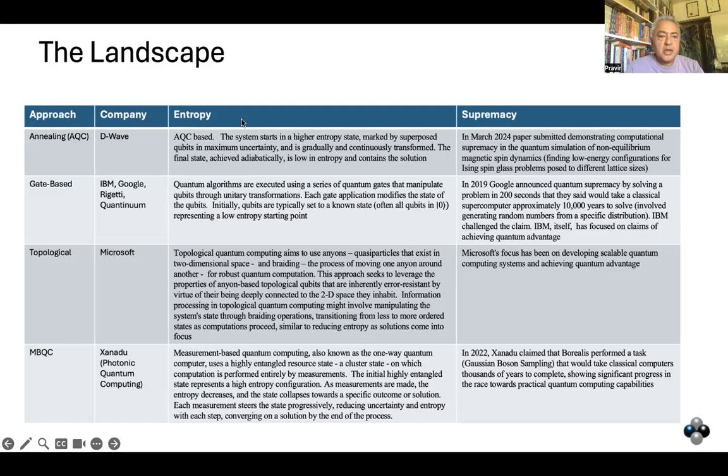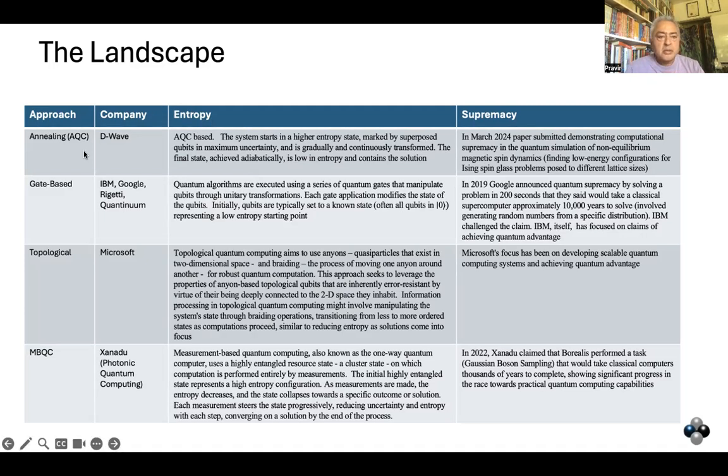Now, the question is, how is entropy managed in each of these different approaches? And again, the hypothesis being that if entropy is managed in such a way that it becomes the lowest possible, then the likelihood of quantum supremacy arising is going to be higher.